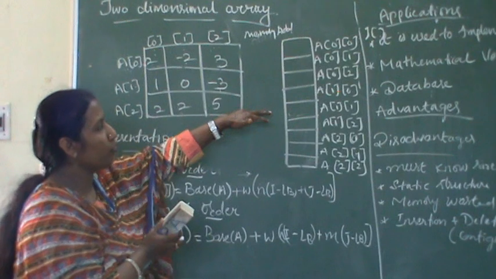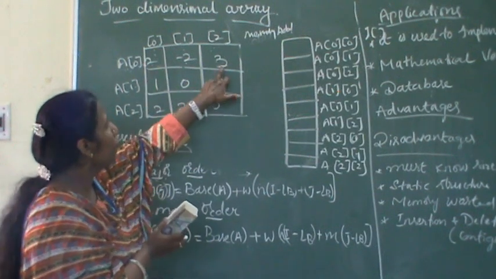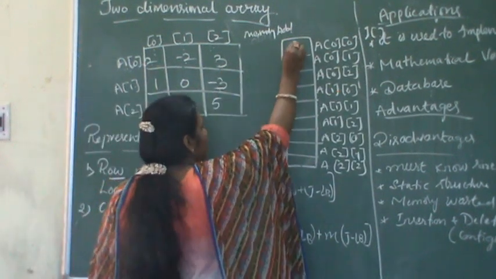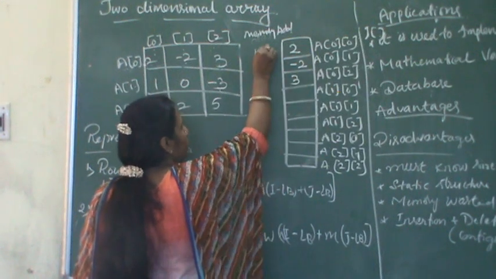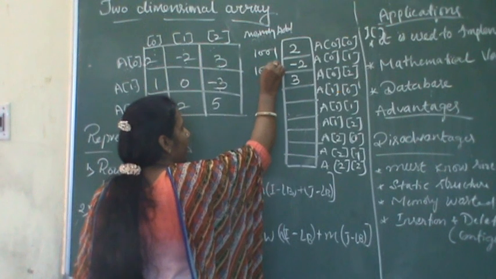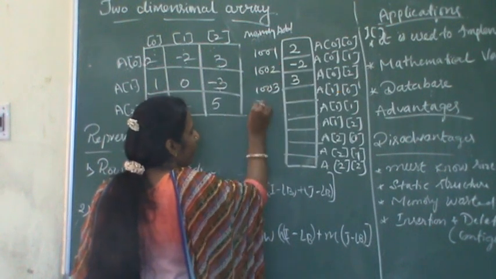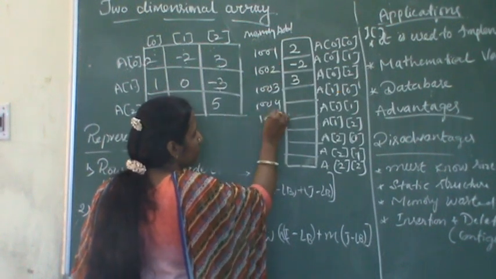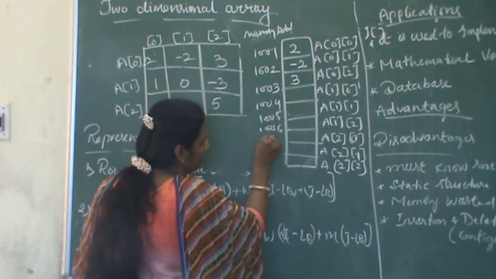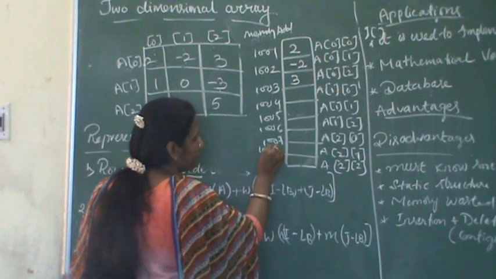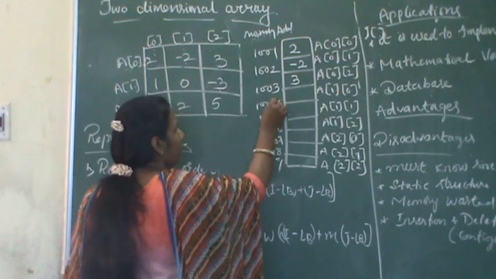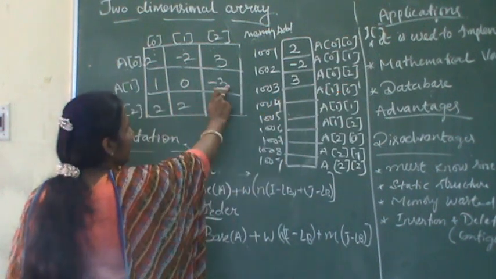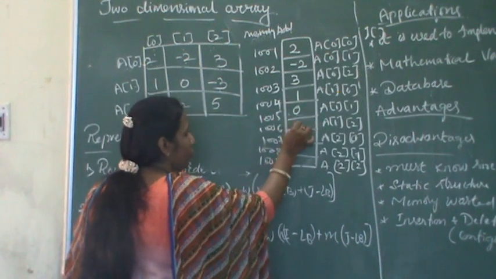So in case of row major order, first it takes the first row values. That is, first it stores the first row values 2, -2, 3. Just imagine that this is the memory address where the elements will be stored. Next it will take the next row values, that is 1, 0, -3.